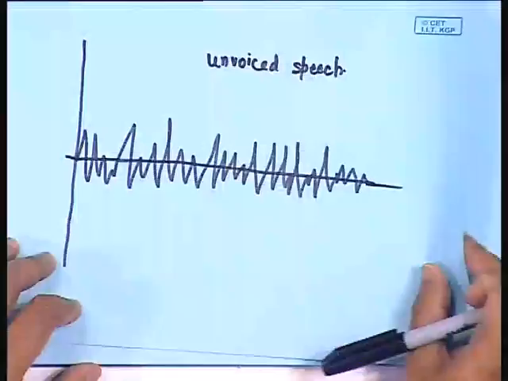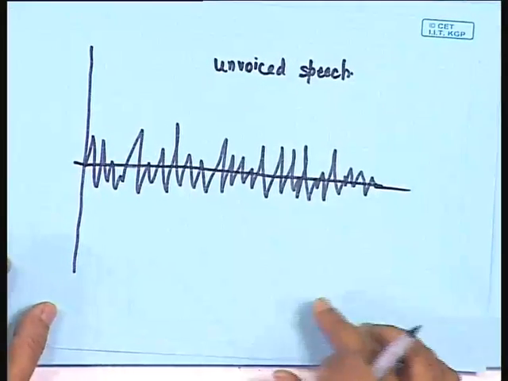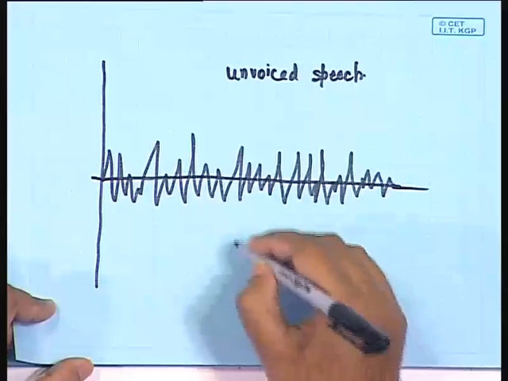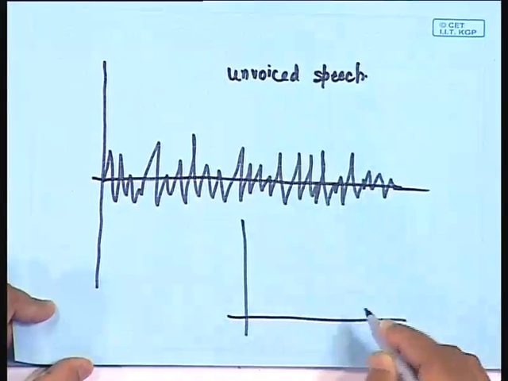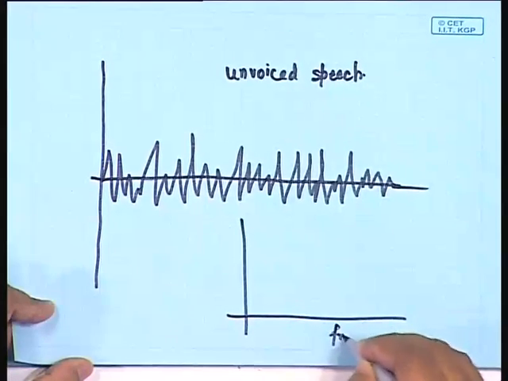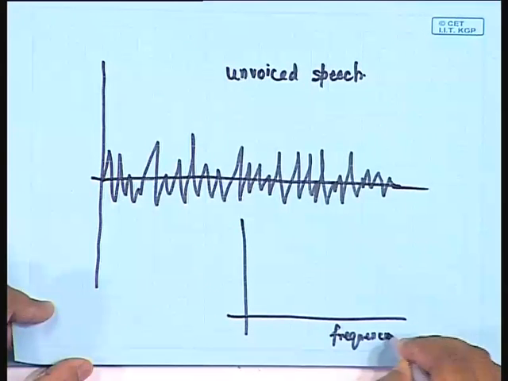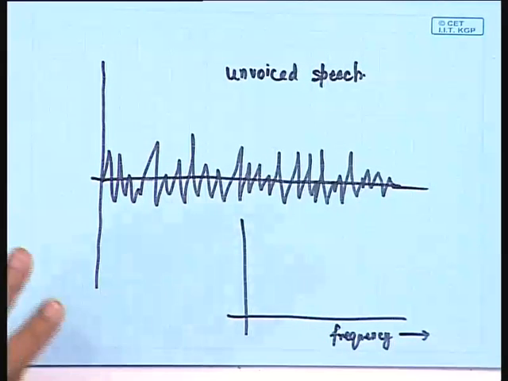For the case of unvoiced speech, when you have a waveform like this, you can well imagine that if you take the frequency spectrum of that, you would not expect much of a variation. You would definitely not expect the formant frequencies, because, as I was telling you in the first place, unvoiced speech signals are not produced through the excitation of the glottal pulses.